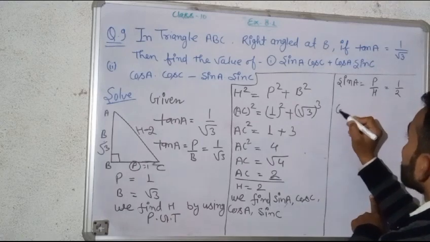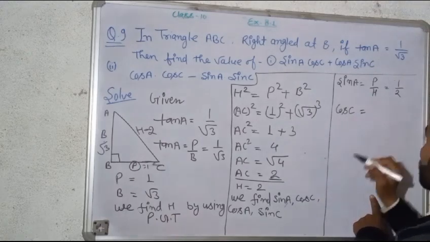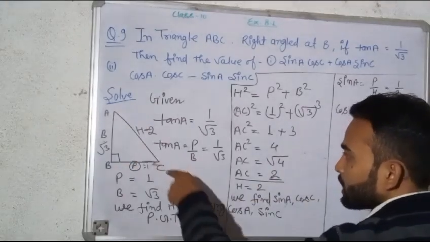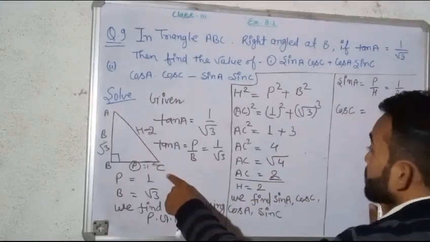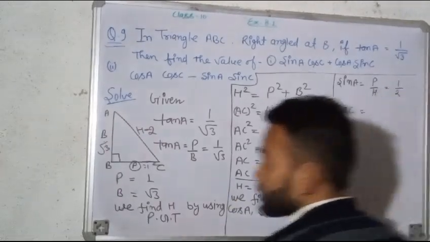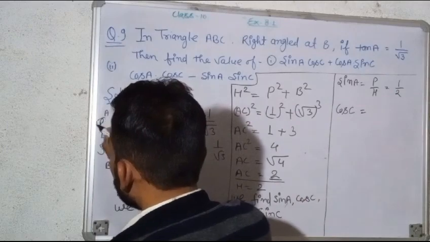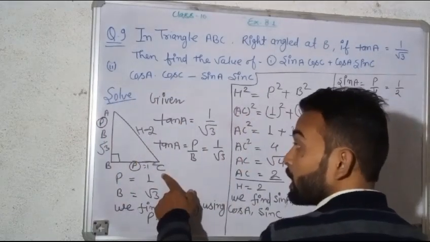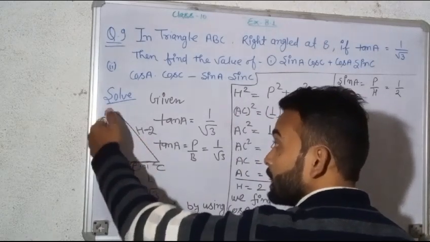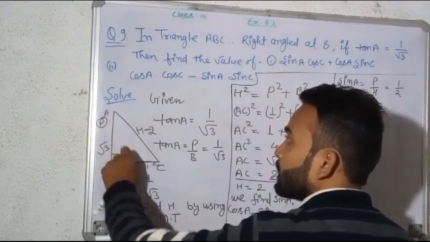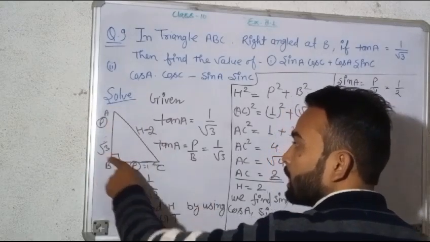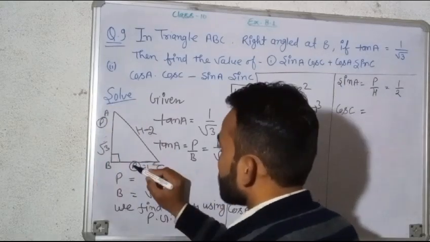Cos C, cos C is equal to, with respect to C in this triangle, AB will be perpendicular, not base. Clear? This will be perpendicular according to C, but according to A it will be base. According to C, AB will be perpendicular and BC will be base.